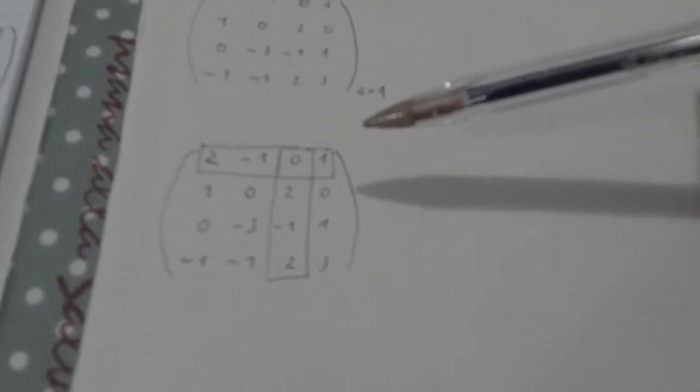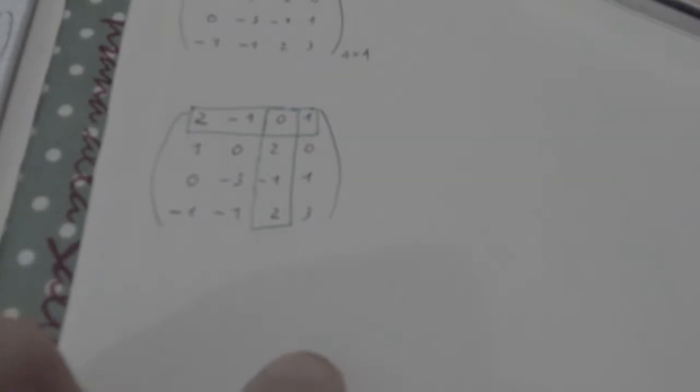And I'm going to highlight where I want to start. There we go. So we're basically going to create another matrix, made by using the values that are left out.